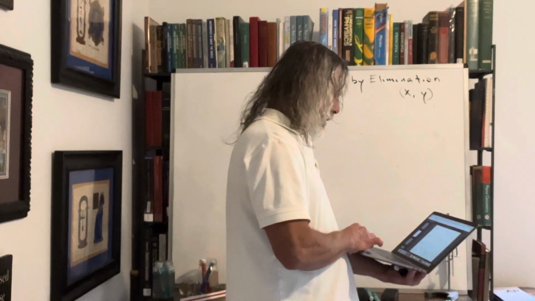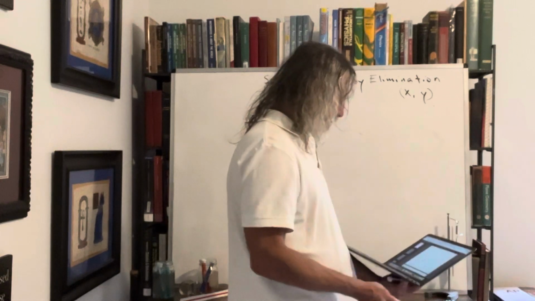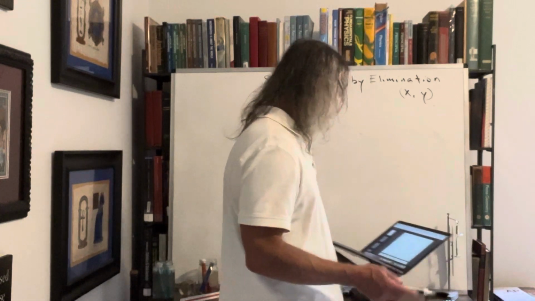So I think we're on number 3, unless I'm remembering wrong. So I'll do this one. 7x plus y is negative 19.